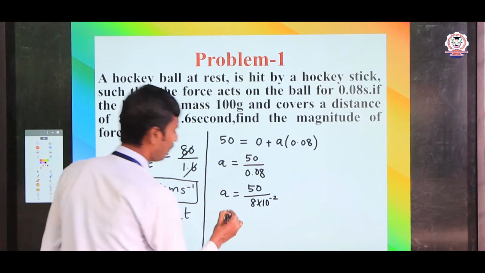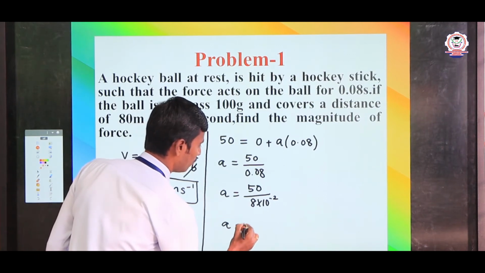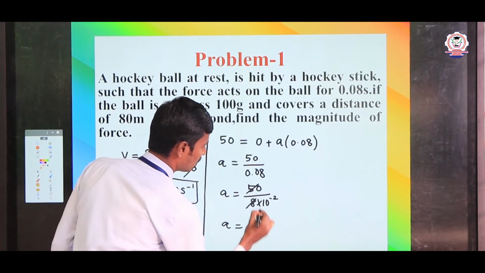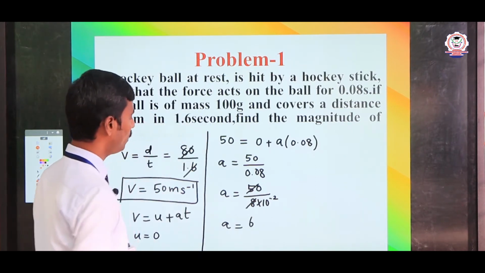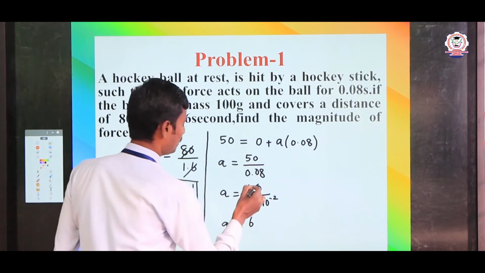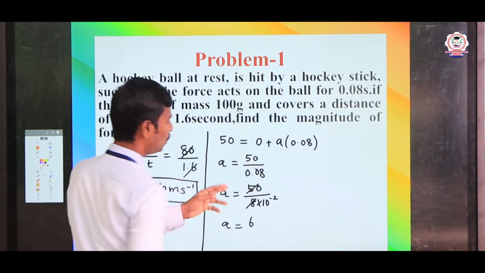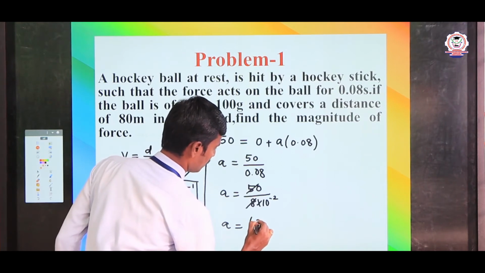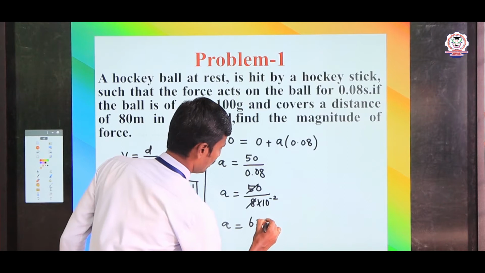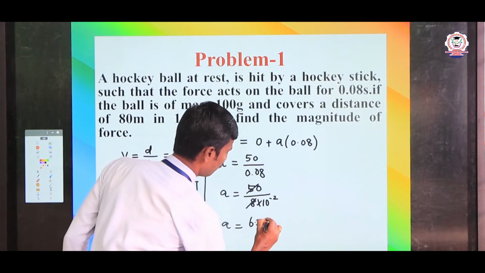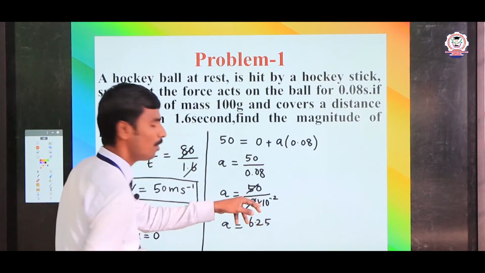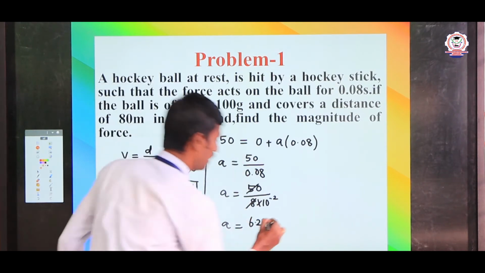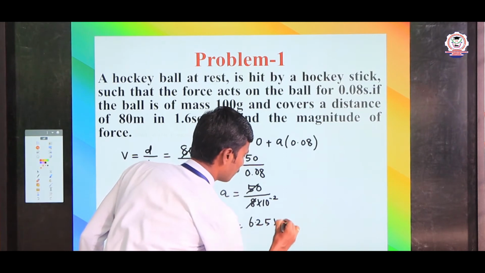Now simplify the acceleration. 50 divided by 8: 6 times, that means 48, remaining 2, then 20, twice, then 6.25. The 10 power minus 2 goes upward, so the sign changes to 10 square.